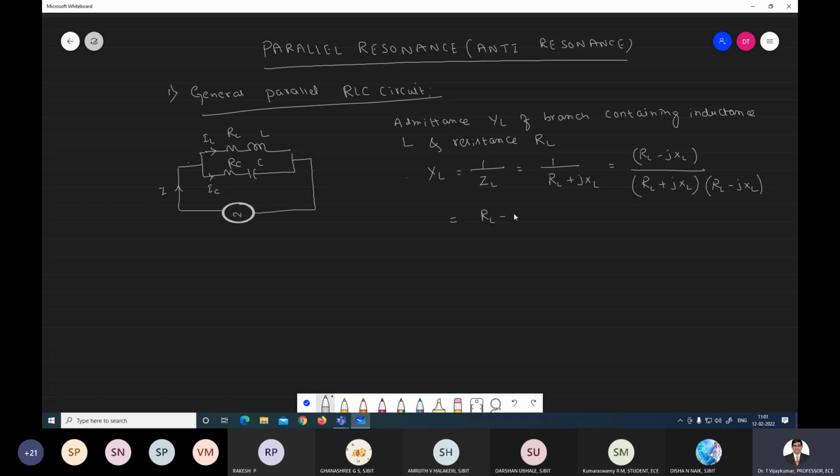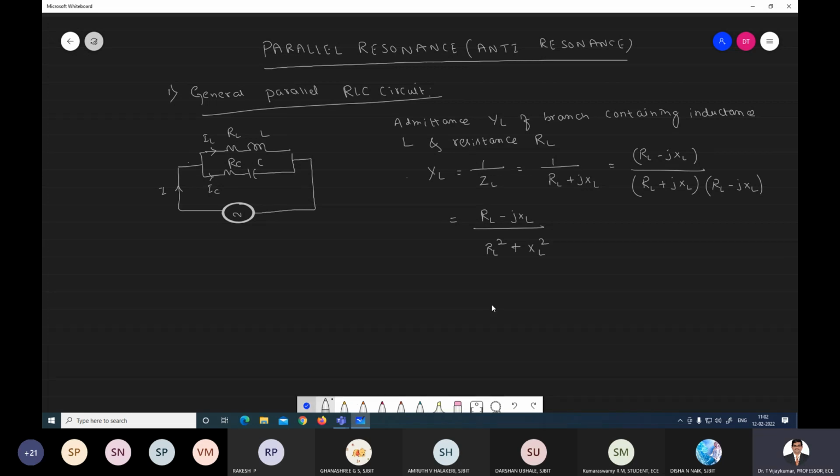The denominator is in the form of A plus B into A minus B, which is A square minus B square. Here A square is RL square, minus B square, that is jXL whole square. But j square is minus 1, therefore this becomes plus. So YL equals RL minus jXL divided by RL square plus XL square.